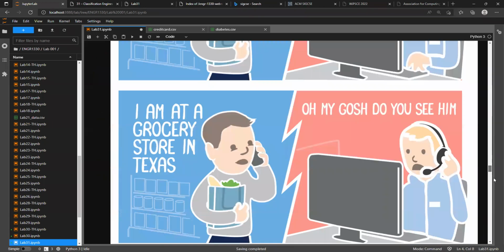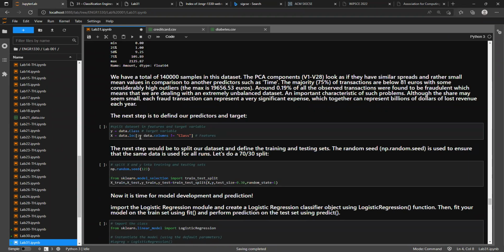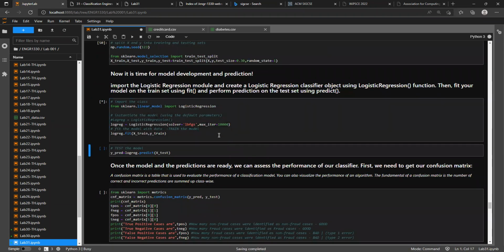These are the names of those columns. We're doing the same thing here. Our predictors are everything that's not the class column, and then the target. All right, we're going to split into the 70-30, and we're actually going to run it now.